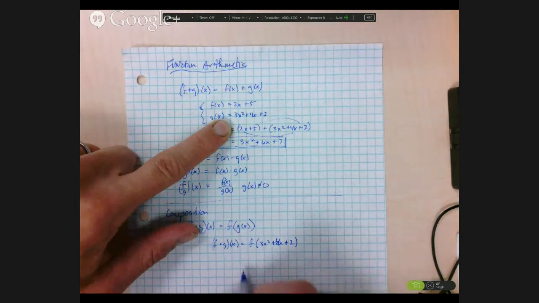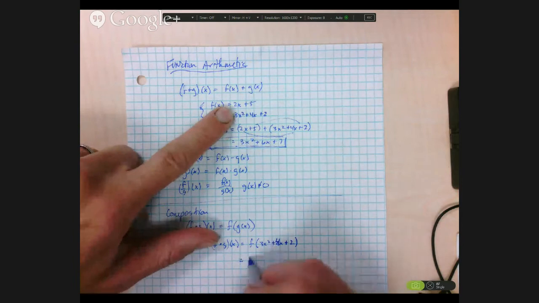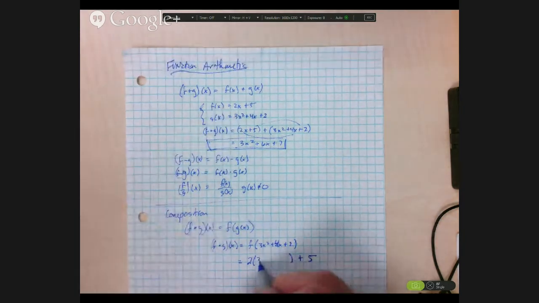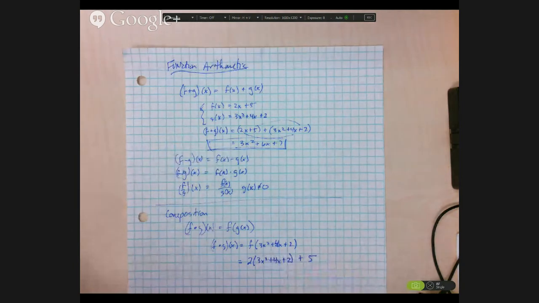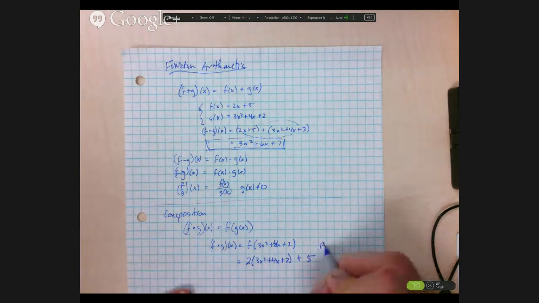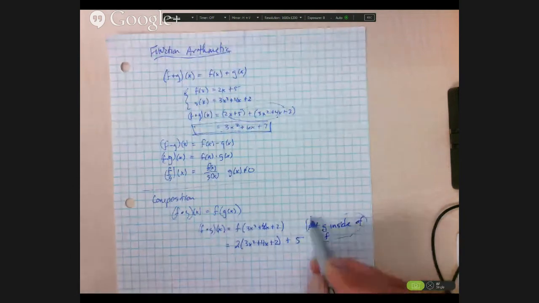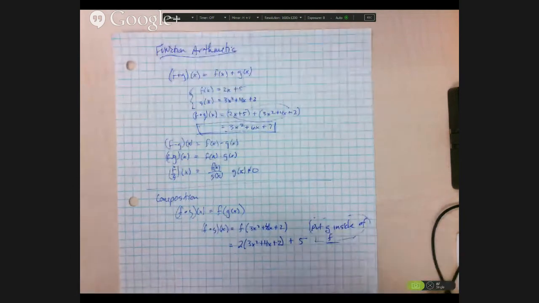Which gives me, now f is 2x plus 5, so I have 2. So I put g inside of the x. Okay, that's the big idea. Put g inside of f.